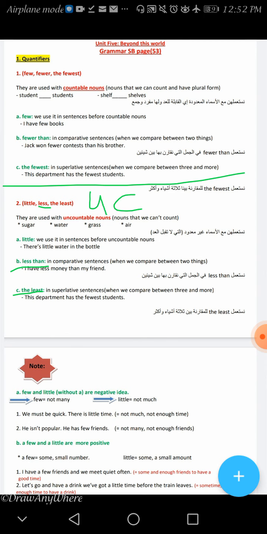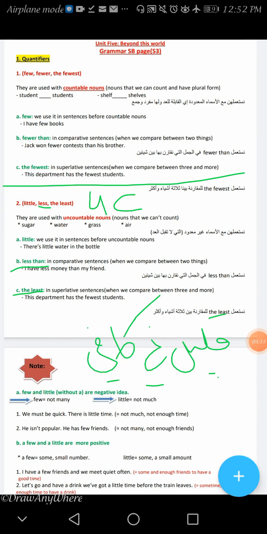Few and little without a are a negative idea, we talked about them. Both of them mean قليل, but what kind of قليل? غير كافي. Example number 1: we must be quick, يجب إنه نسرع.